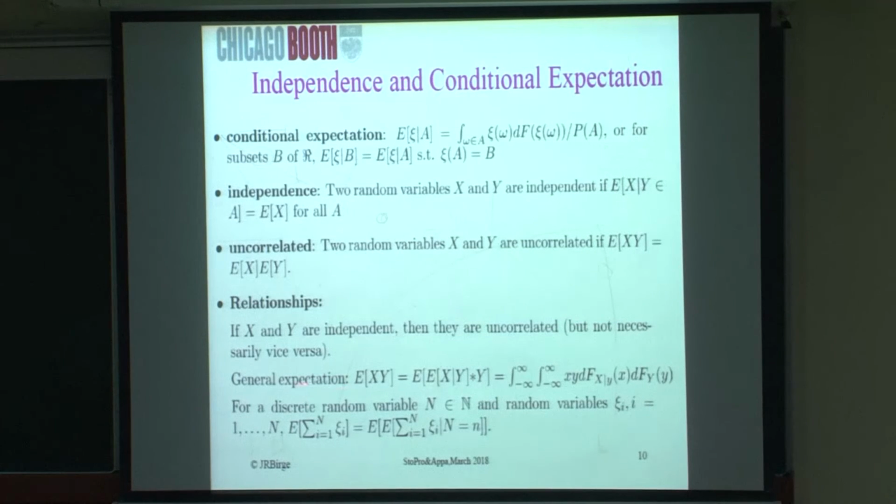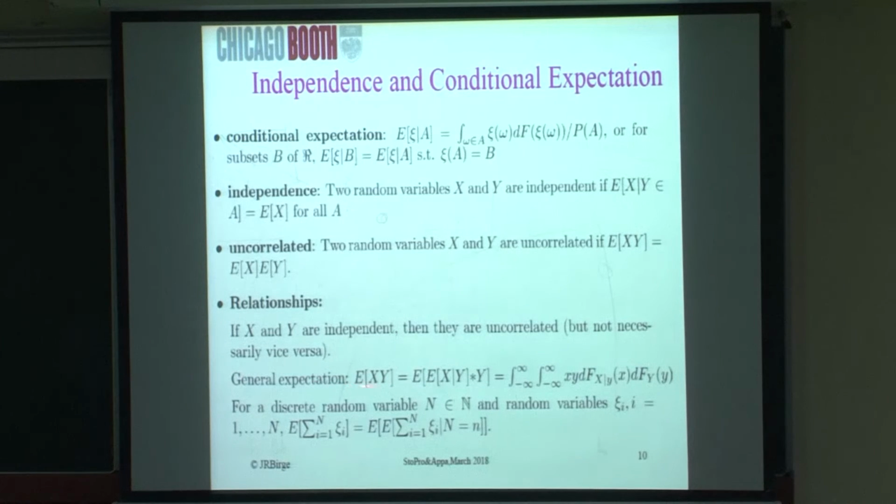And just a couple of things about taking expectations. Often it's useful to do conditioning when you take expectations. In other words, if you wanted to take the expectation of these two random variables, it may be difficult to do that directly.